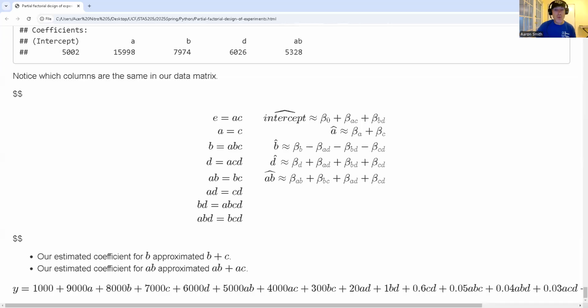And then D hat is estimating beta D plus some interactions. And then my two-way interaction coefficient is estimating a combination of them. So this is not the full information I would want, but this at least gives me something to work with.